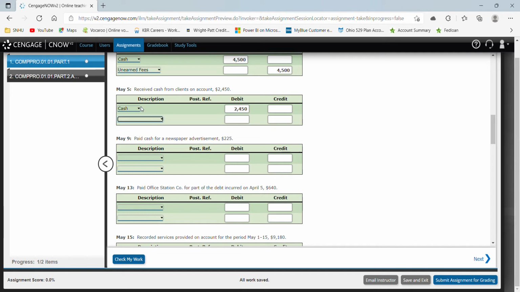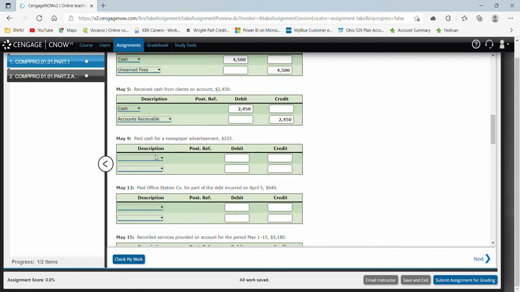So let's record our accounts. I recorded accounts payable. It's going to be accounts receivable for $2,450. We paid cash, so what's happening with cash? We're going to credit cash, we're decreasing cash. So we know cash is going to be our credit.